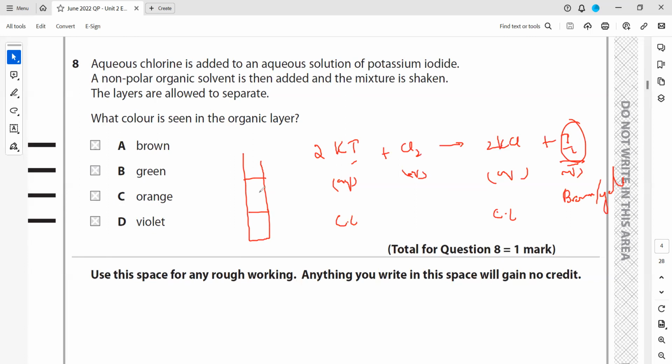At low concentration, you can mention purple or violet. Brown is when it is dissolved in aqueous solution. But in the organic layer, it's not green and not orange. Brown or orange is acceptable in aqueous, but because it's an organic layer, it is violet or purple.